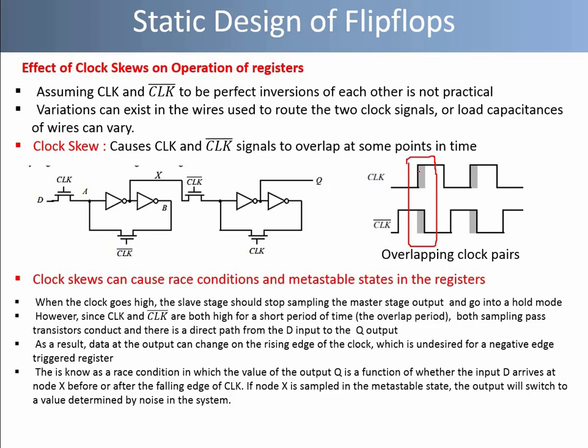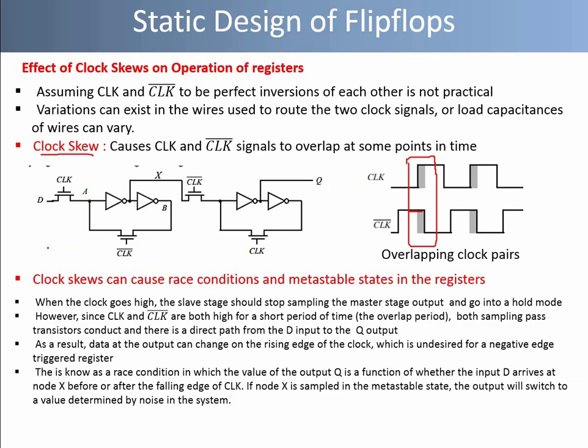It means that when the clock is 1, it is possible that the clock bar is also 1 at that instant of time, and this overlapping of clock and clock bar signal is known as clock skew.